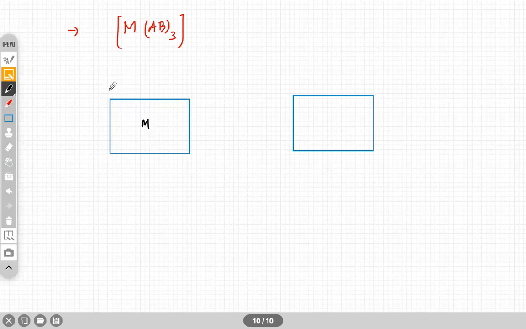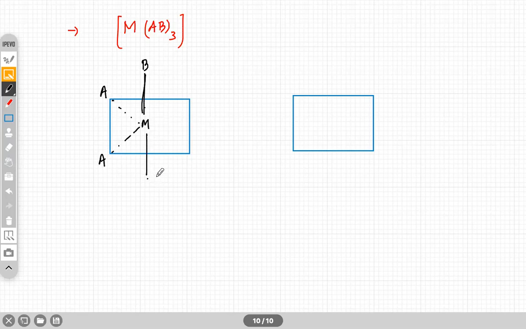Then we have, suppose I place A here and B here. Right. Then I can place A here and B here. And next is A here and B here. Right. So we can say these two are connected.